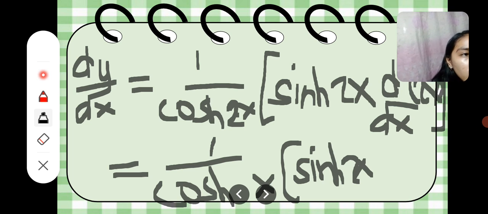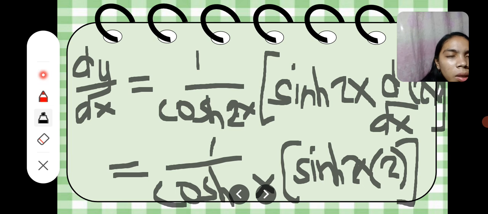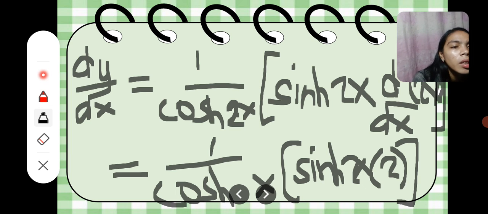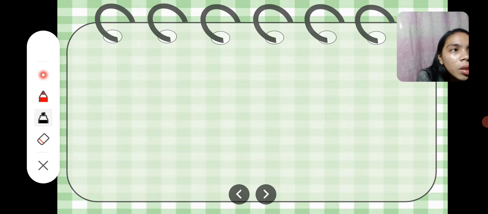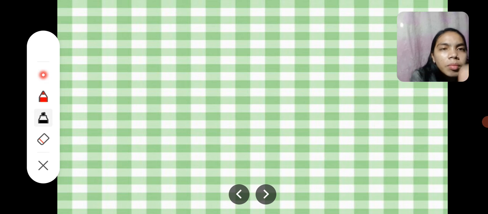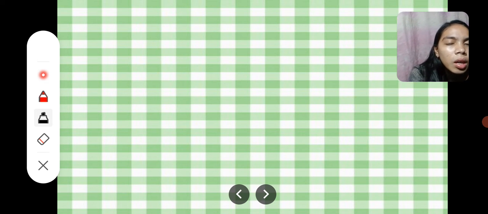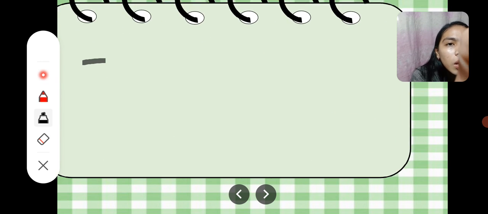Then the derivative of 2x is 2. So we combine the 1, the hyperbolic sine 2x, and the 2. First we arrange the answer.